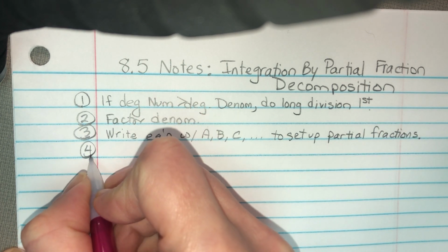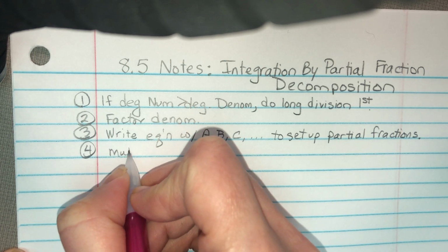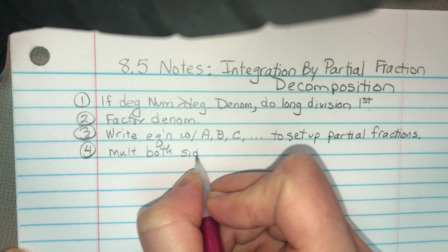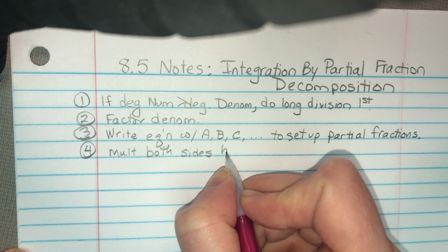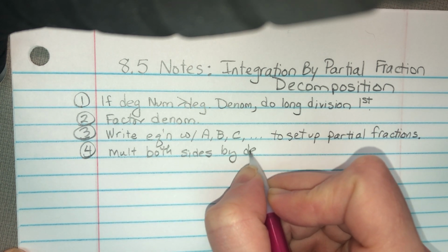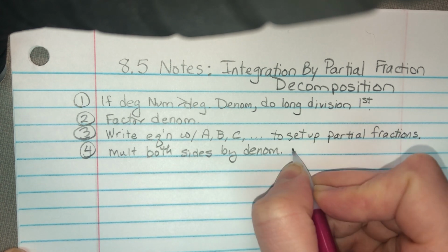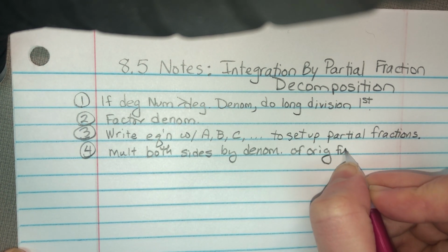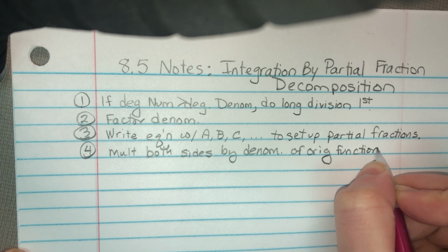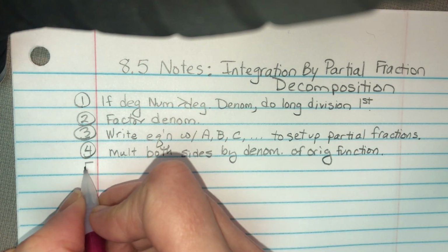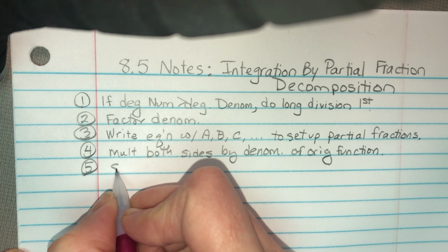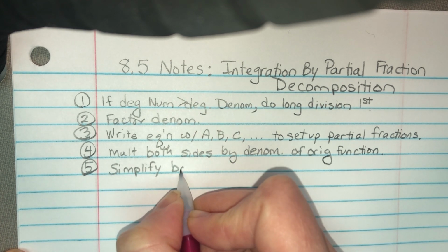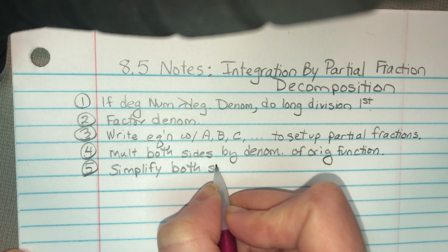Step 4, we're going to multiply both sides by the denominator of the original function. Step 5, simplify both sides.